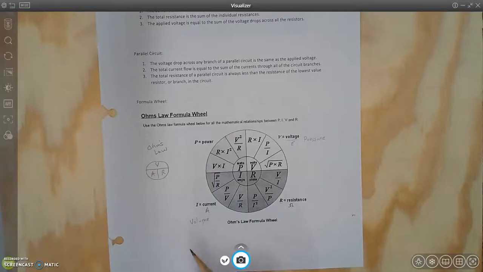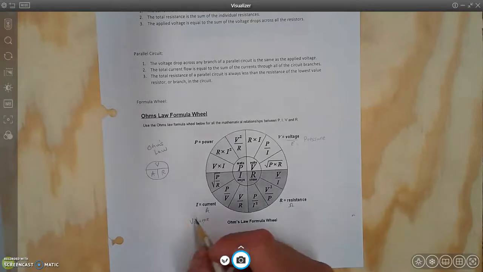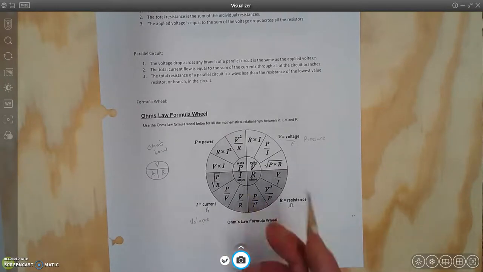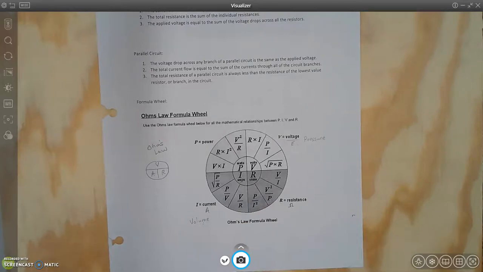There's probably a name for that, but I don't know what it is. Anyway, that's the number of electrons that have to go by any point in a second to equal 1 amp of flow. It's a lot because these are on the atomic level.